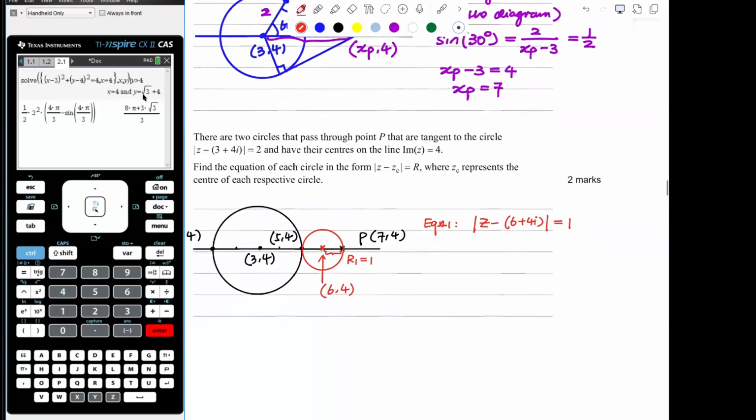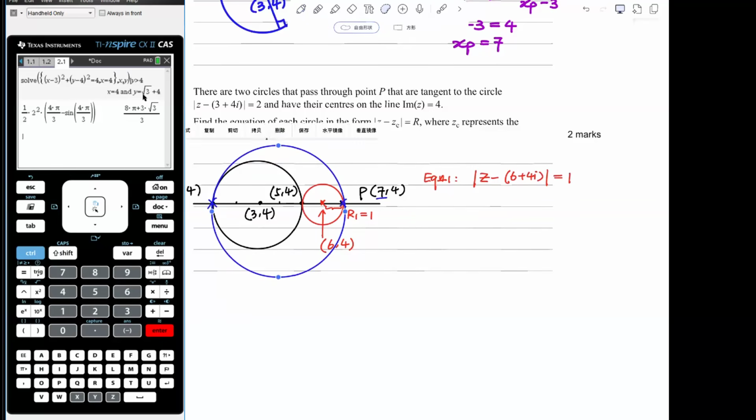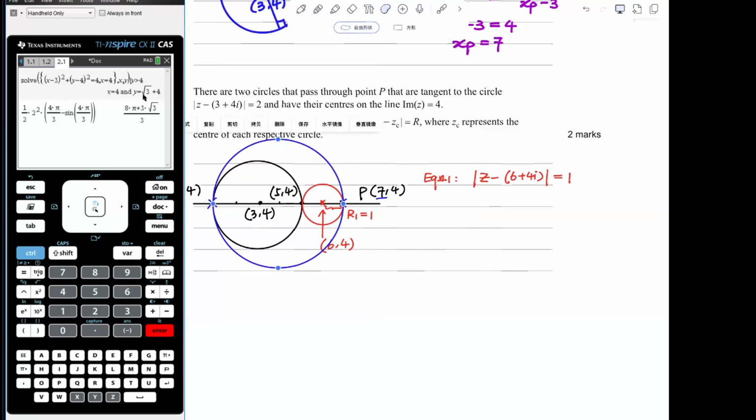Okay? And the other possible circle, well, between 7 and 1, if I want this one to be my diameter, you could have something like this, right? See what happens?